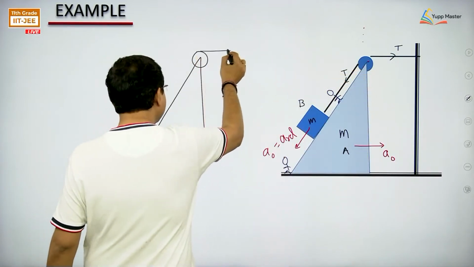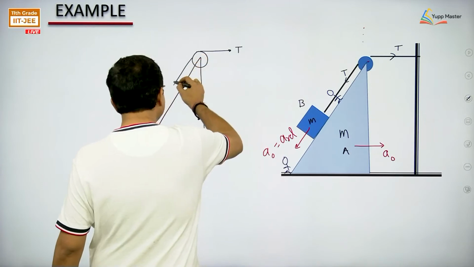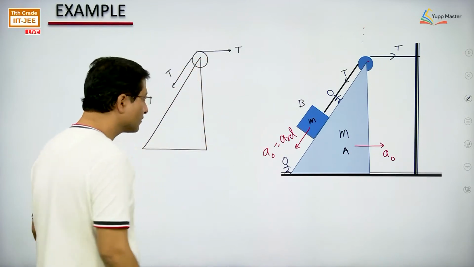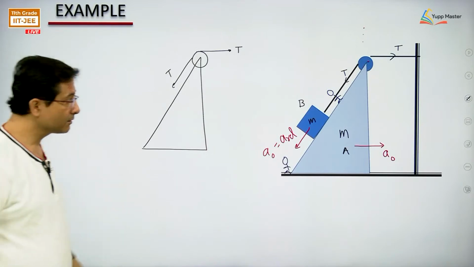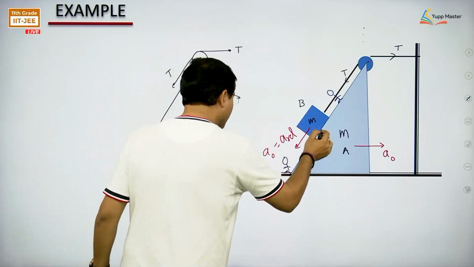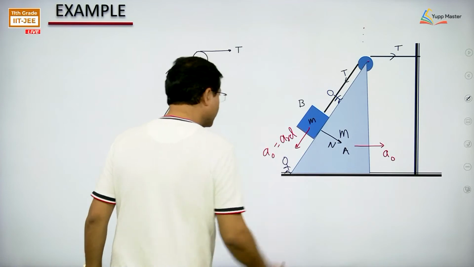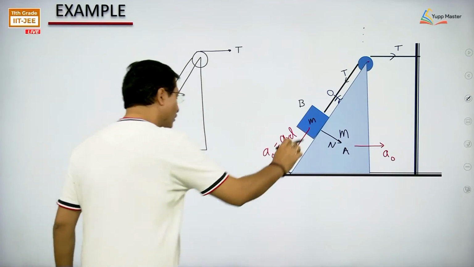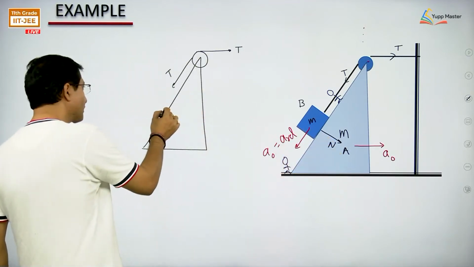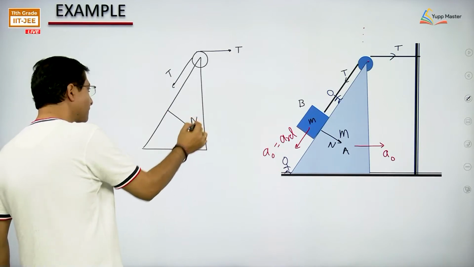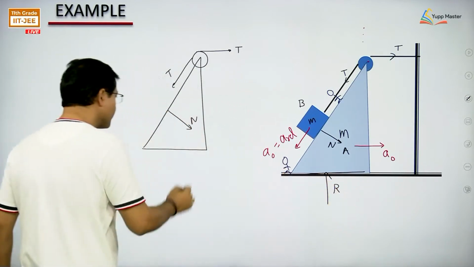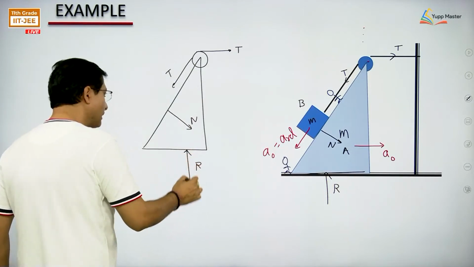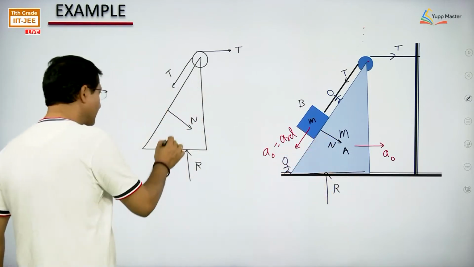So T, and then the block will exert normal on the wedge this way. So on the wedge, normal will be like this. From the surface, reaction will come R, and then one field force mg.